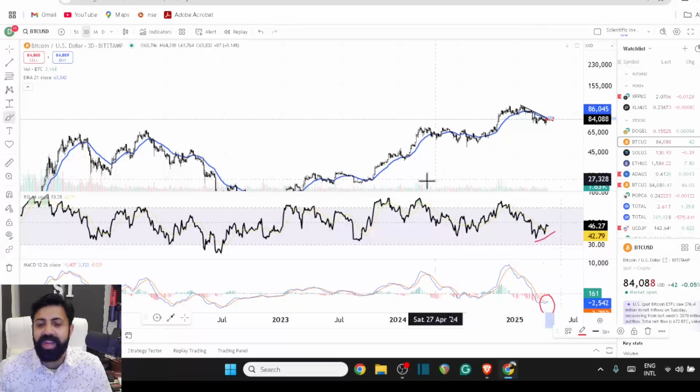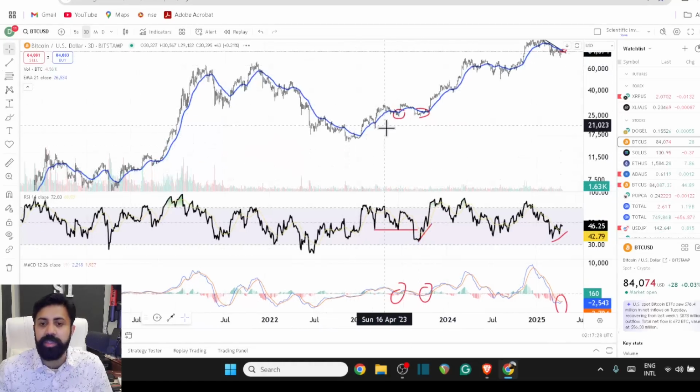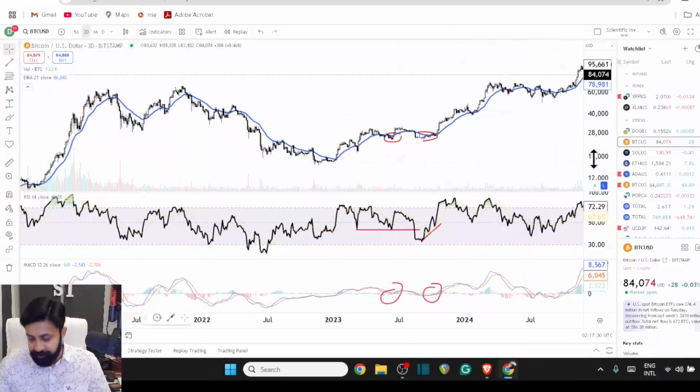So you go back and see, okay, each and every time you get something similar where the RSI is saying there's a bullish divergence, MACD is crossing to the upside, what happened each and every time? Trouble is, the time taken to do something like that.